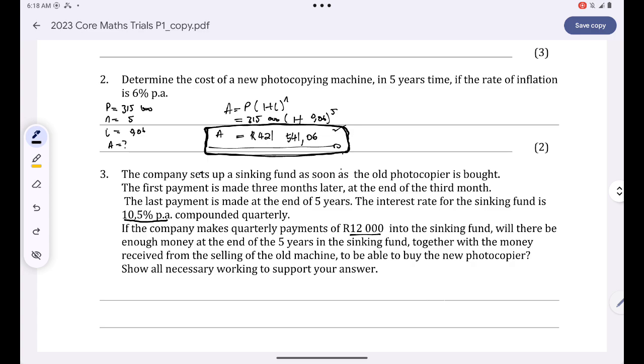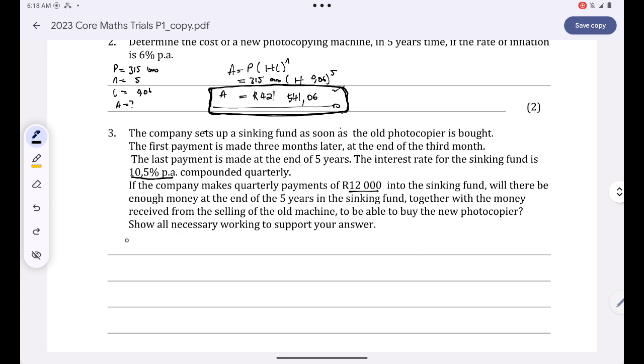Are you together? Okay, so over here, guys, I can simply say the total amount in 5 years time will be equal to 113,000 that I will receive for selling the old machine plus my sinking fund.